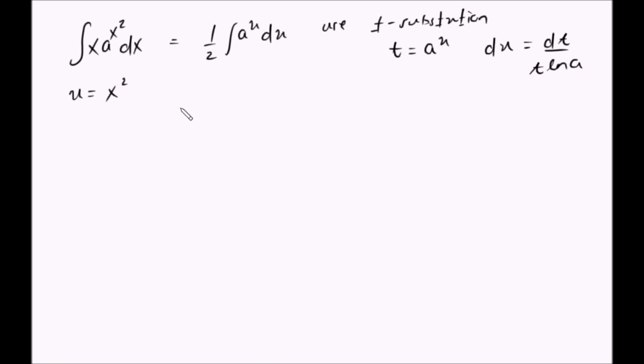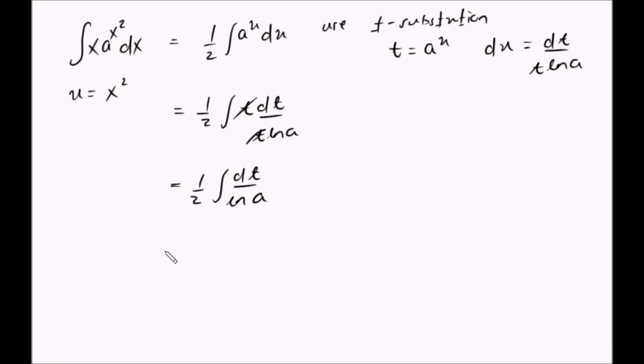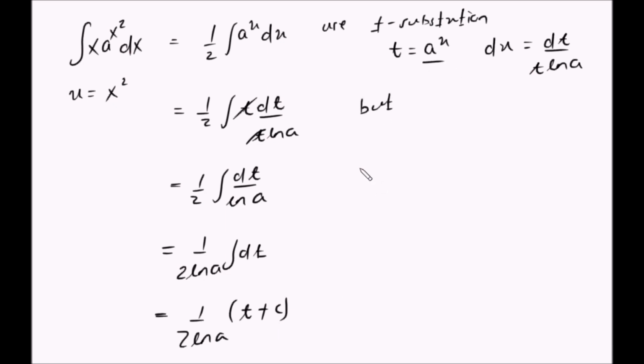Now let's substitute those, so it will be 1 over 2, a to the power u is t, so it will be dt over t ln a. So t and t cancel, so I remain with 1 over 2, so we have dt over ln a. Since ln a is a constant, it now becomes 1 over 2 ln a times the integral of dt. So when I integrate dt, I get t plus c.